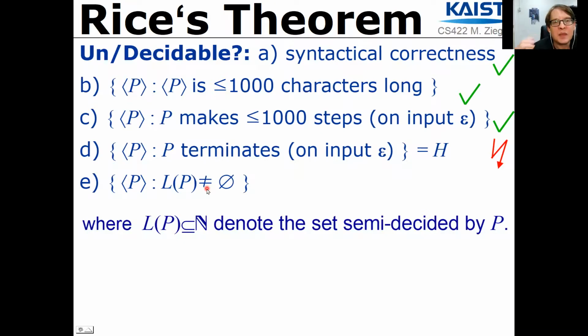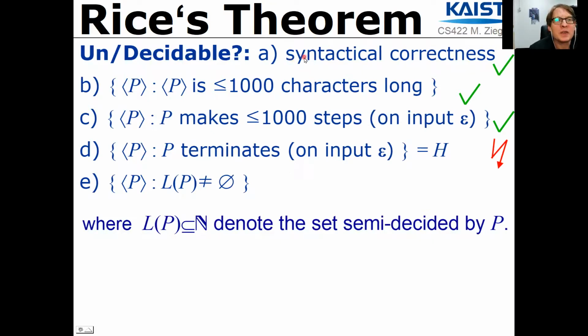This is the non-triviality problem, right? So this is a non-triviality problem. And we've discussed before that this is also equivalent, not equal, but equivalent to the halting problem, and therefore undecidable as well. And all these things motivate the question of figuring out which properties of programs are decidable.